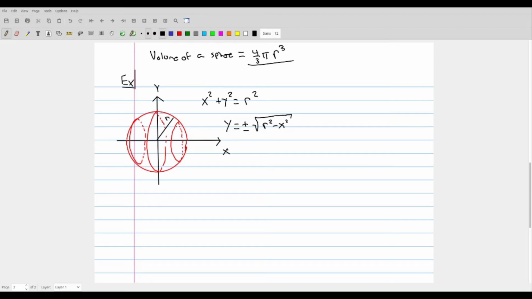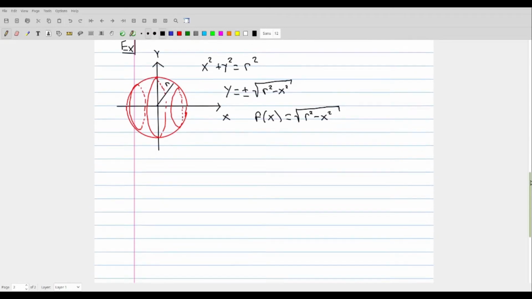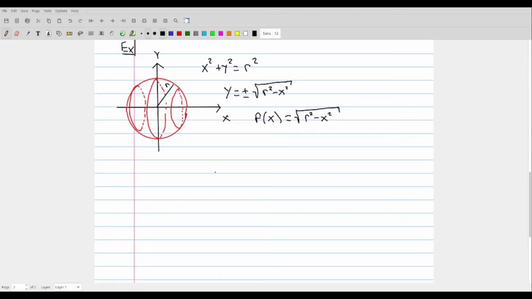And what we're interested in is just the top half, and the top half is our function f of x. So the f of x for this surface of revolution is the positive square root of r squared minus x squared.